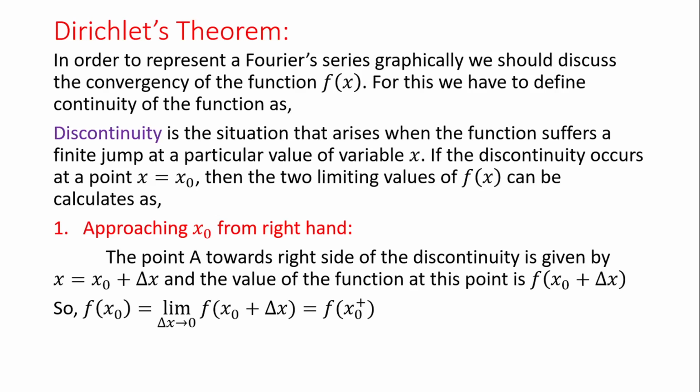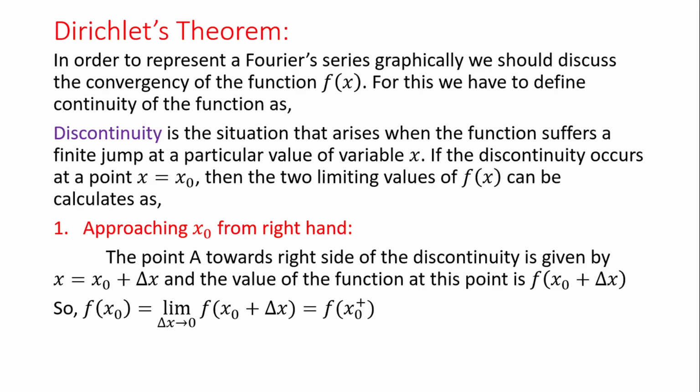What is discontinuity? Discontinuity is the situation that arises when a function suffers a finite jump. What is finite jump? Suppose we have a function fx, that means it is a function of variable x.